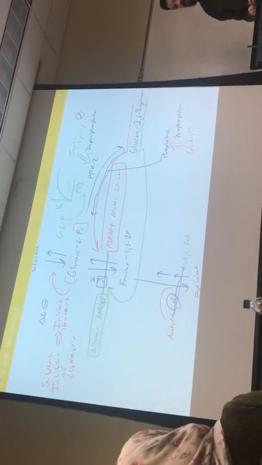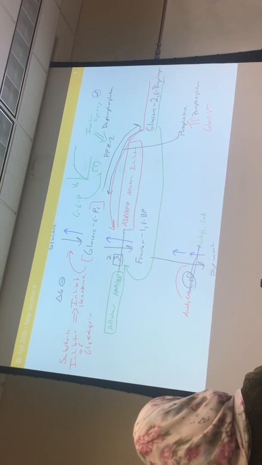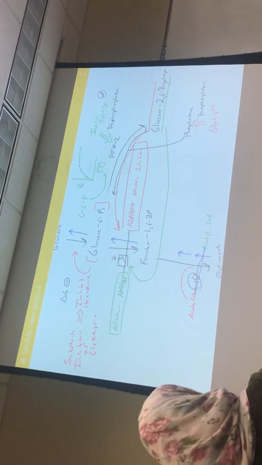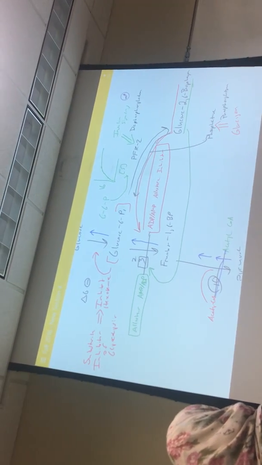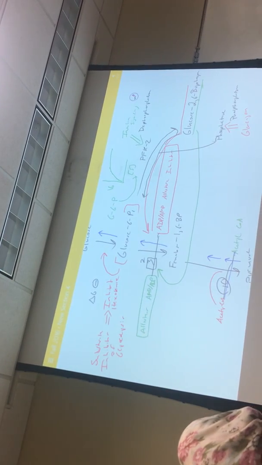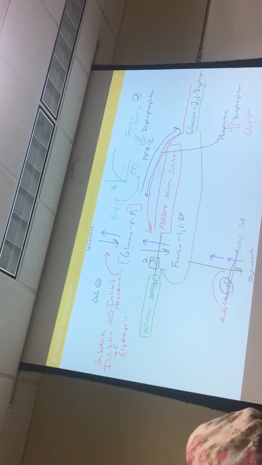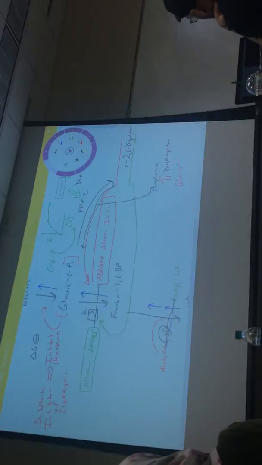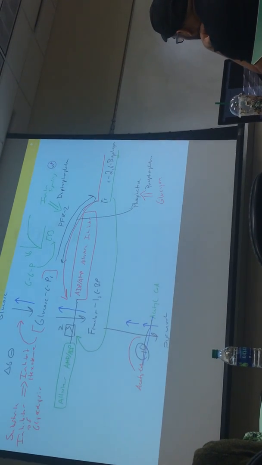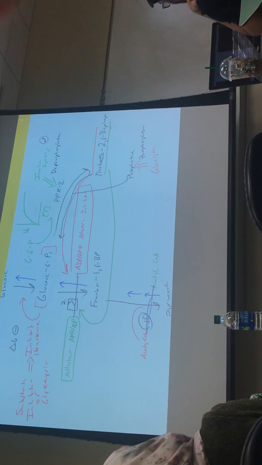Yep. So does the fructose 2,6-bisphosphate act the same way that glucose 2,6-phosphate does? Does it act the same way? Oh, this is supposed to be fructose. I screwed up. Sorry. It's fructose. Sorry about that.